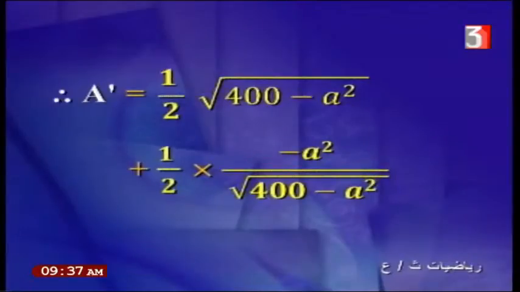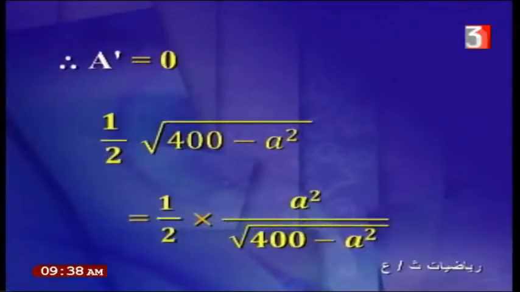To get the critical point, we put A dash equals 0. Then half square root of 400 minus A power 2 equals half multiplied by A power 2 over square root of 400 minus A power 2. We can cancel half from the left hand side with half from the right hand side, and by cross multiplication we get the relation 400 minus A power 2 equals A power 2.